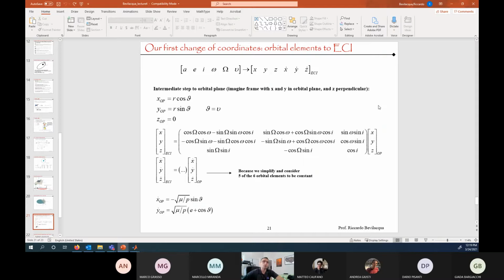So you can go back to those images that I shared, and you can easily construct the rotation matrix that goes from these coordinates to the ECI coordinates.